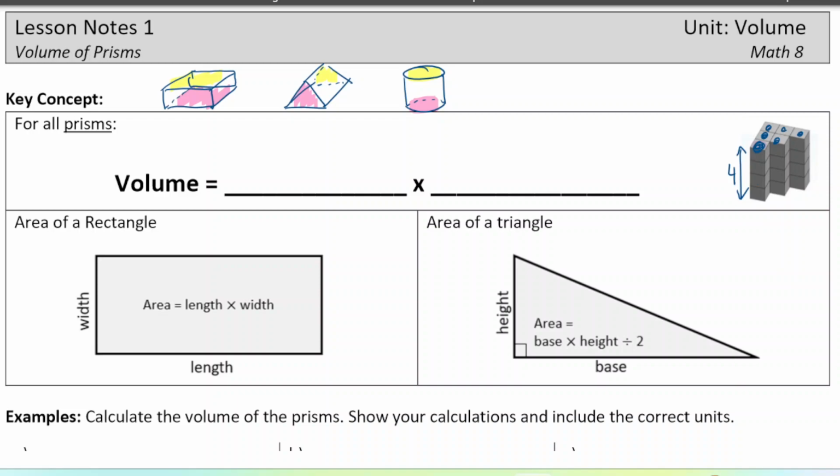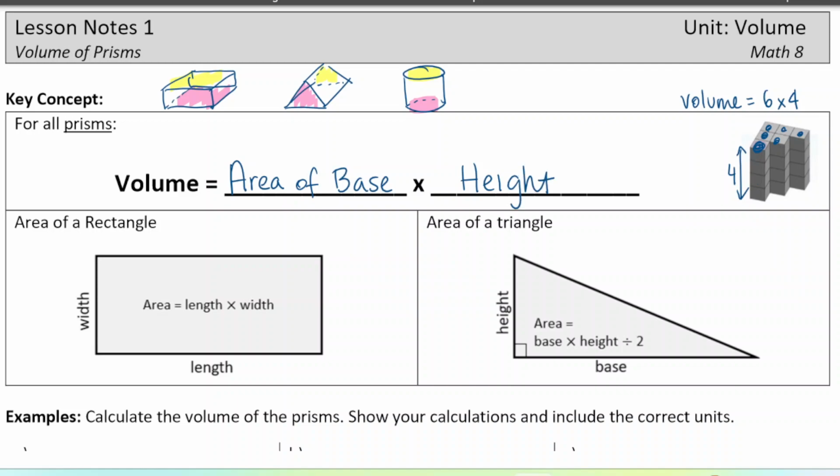So in total, if I was going to look at the volume of this shape, it'd be 6 times 4. How many are on the base, and then how many layers there are. So it's always the same formula you can use every single time. It's going to be the area of the base, how many are on the base, times the height of the prism.